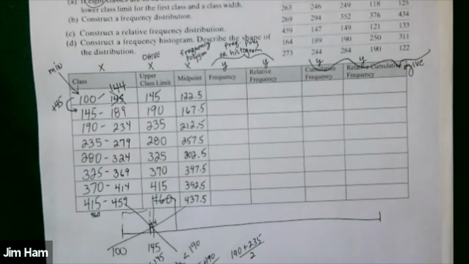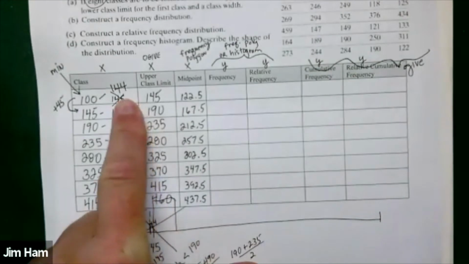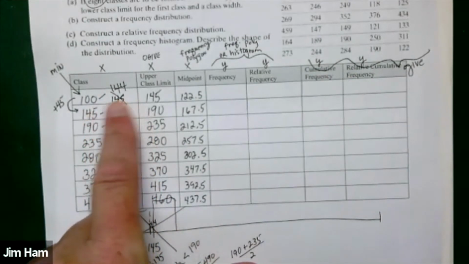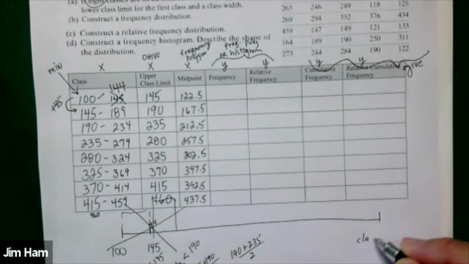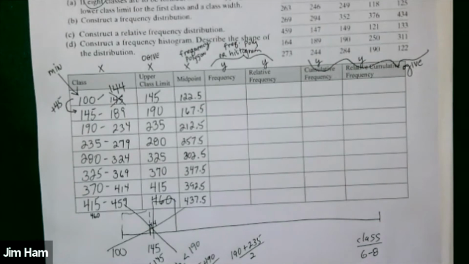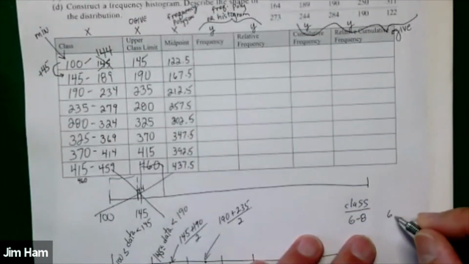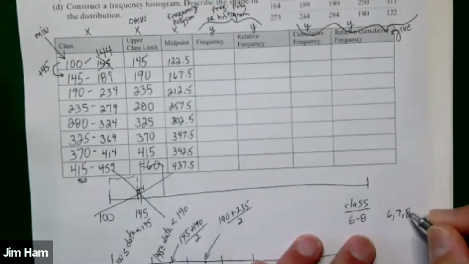Midpoint. Sometimes midpoints are very easy to calculate. If you want to know how many data values are in a class width, you subtract these numbers and add 1. And it's not as easy to see there, but if you had a class that was from 6 to 8, that would include the data values 6, 7, and 8.